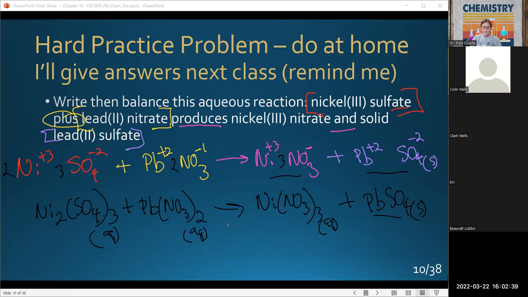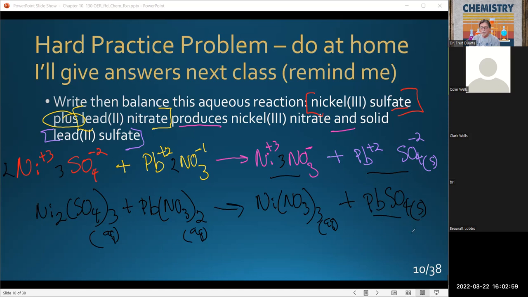In fact, if we had two beakers of the reactants, they would be clear solutions. If we mix them together, you get a powder. It will precipitate because the lead sulfate is insoluble, so that would be a positive reaction.